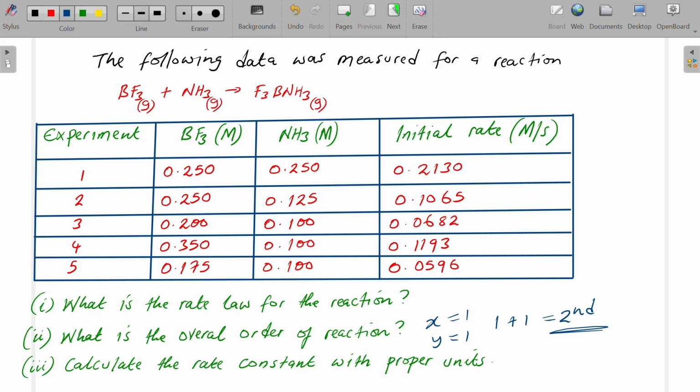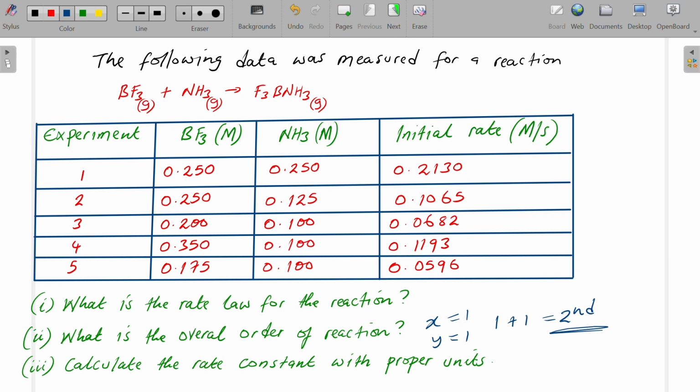According to reactant NH3, they are talking about the order for that reactant. But when they say the overall order, it is the sum of the individual orders of reactants.